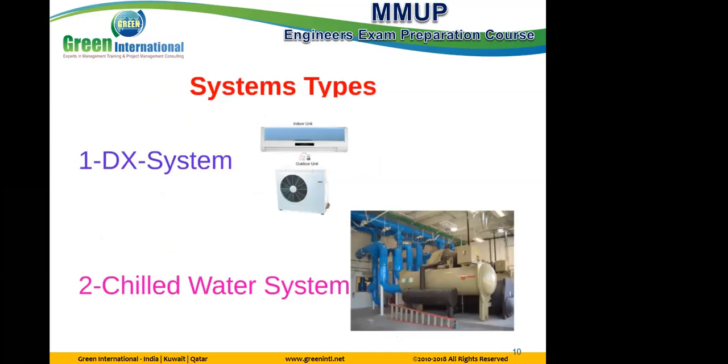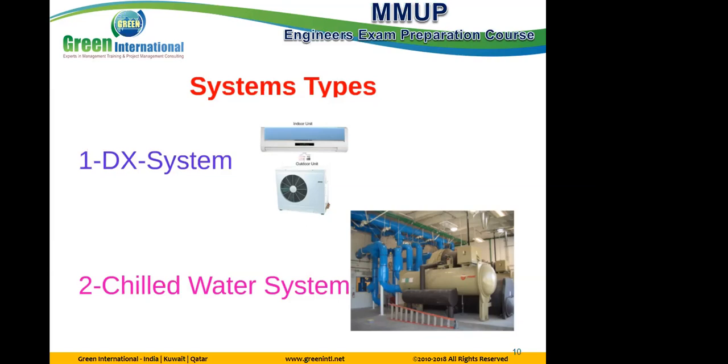First, I will describe to you in an easy way the systems for HVAC. What are the types of HVAC? Actually, HVAC is classified into two main types: DX system and chilled water system.